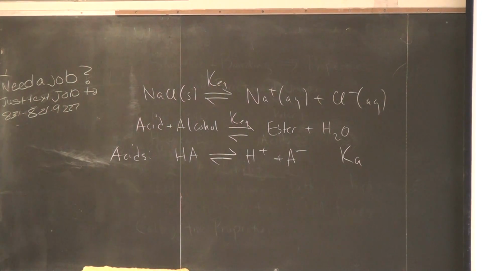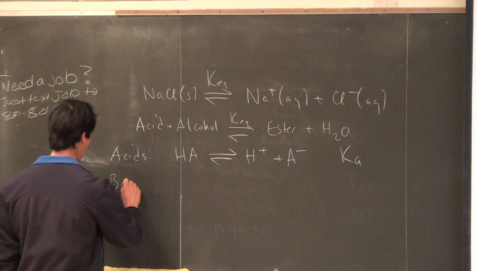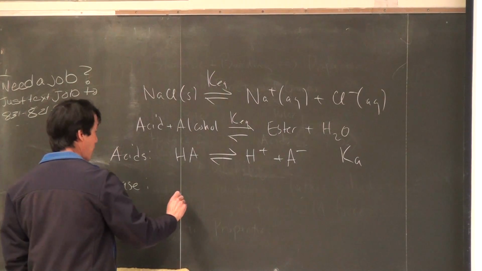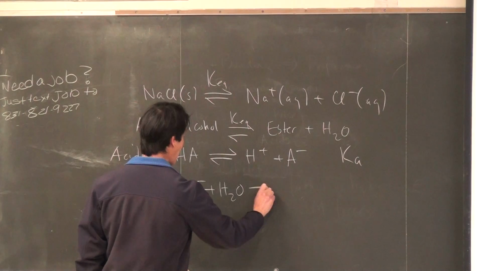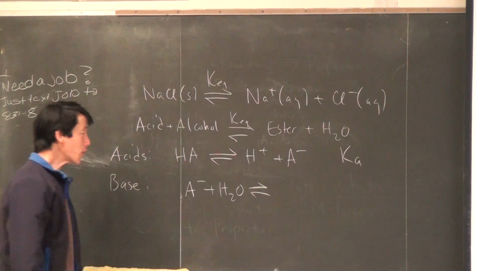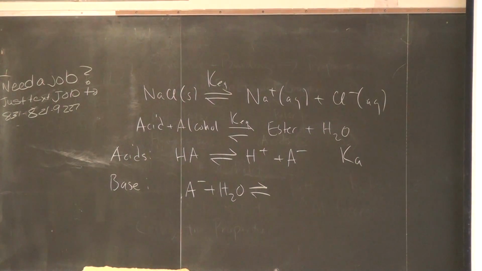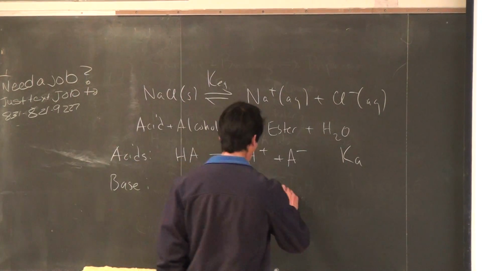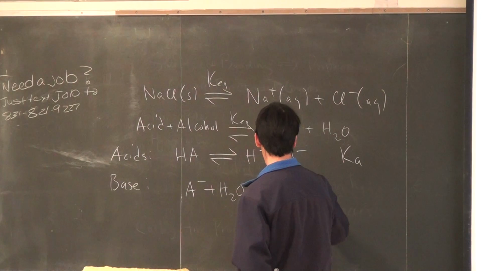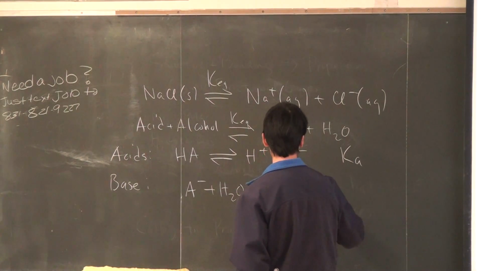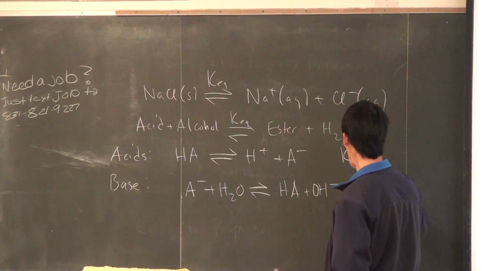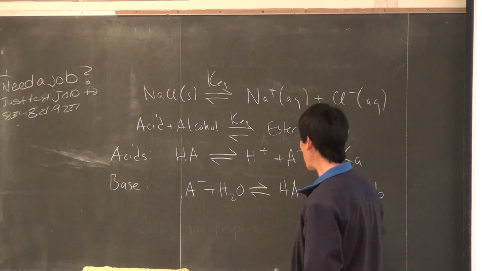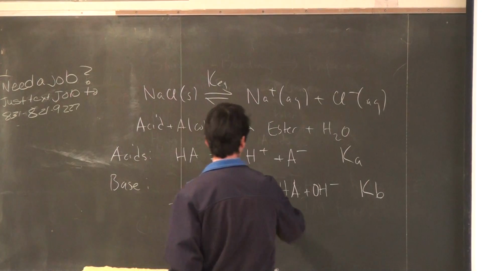And then if we have a base, A- reacts with water, and the products of this base hydrolysis reaction are HA and OH-. The equilibrium constant for this reaction is called Kb.